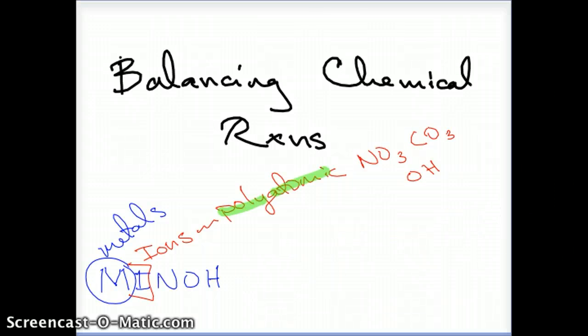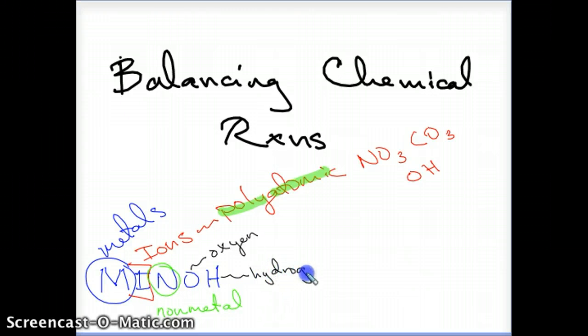Now the N is a nonmetal. Notice that oxygen and hydrogen are left out. So when we talk nonmetals, we're talking everything on the right. We're talking about carbon, nitrogen, sulfur, etc. O is easy, that's my oxygen. And H is hydrogen.